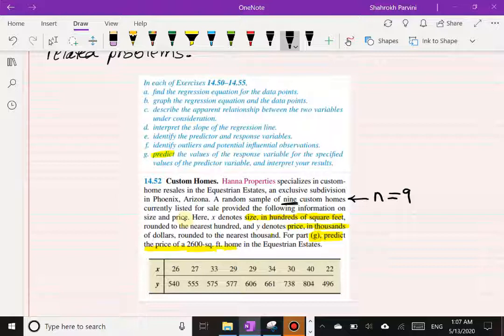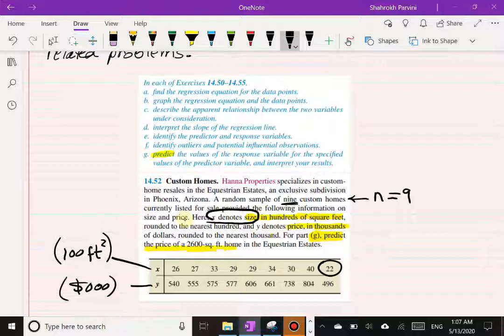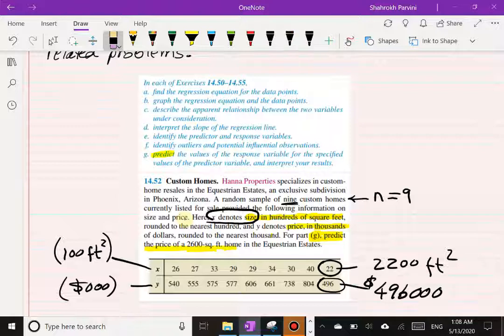Here X denotes the size in hundreds of square feet, and Y is the price in thousands. So the 22 here means 2200 square feet, and that sells for $496,000. That's how you work the 3 zeros. That's just to understand the data we're given.